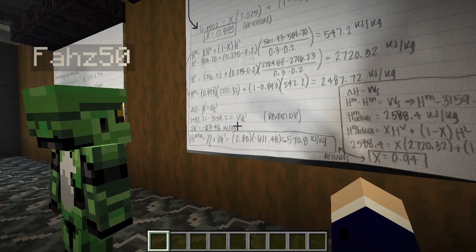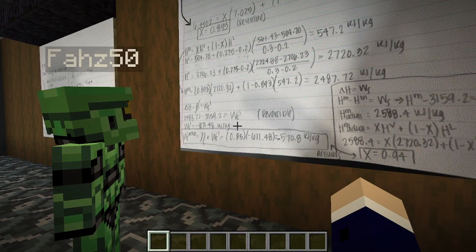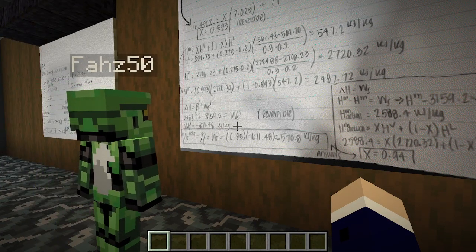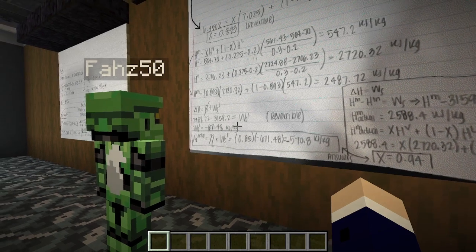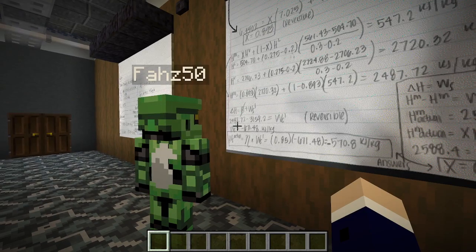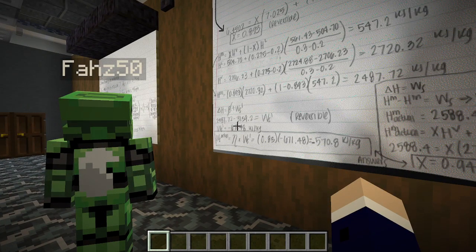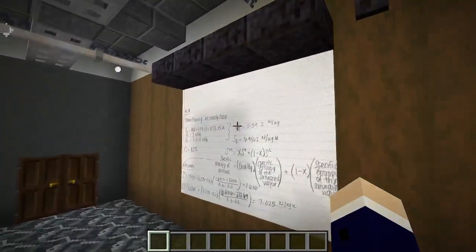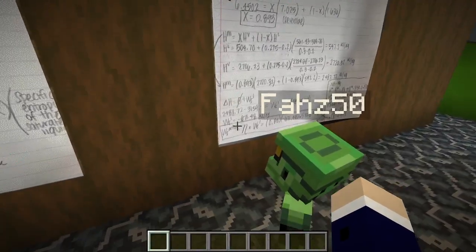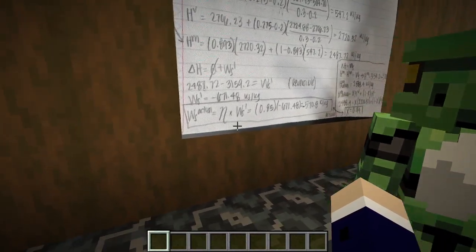So delta H is equal to work shaft prime, and delta H is H out minus H in, both reversible. H in we found in the very beginning of the problem using the initial data points, and we just found H out prime, or in this case, H_M. We plug those in and we get work shaft prime, which is reversible.